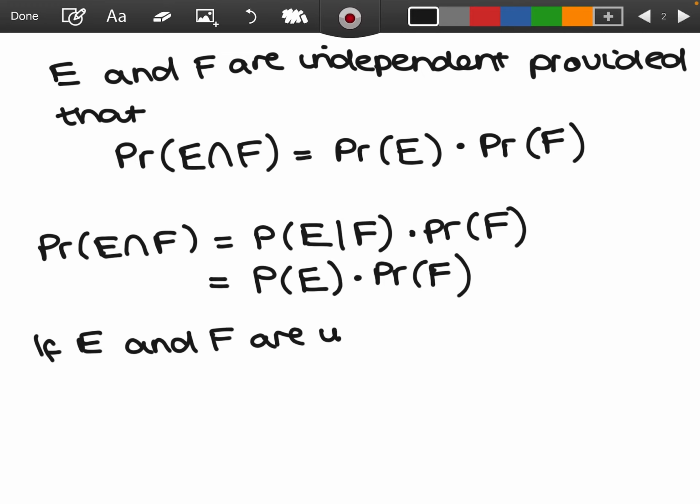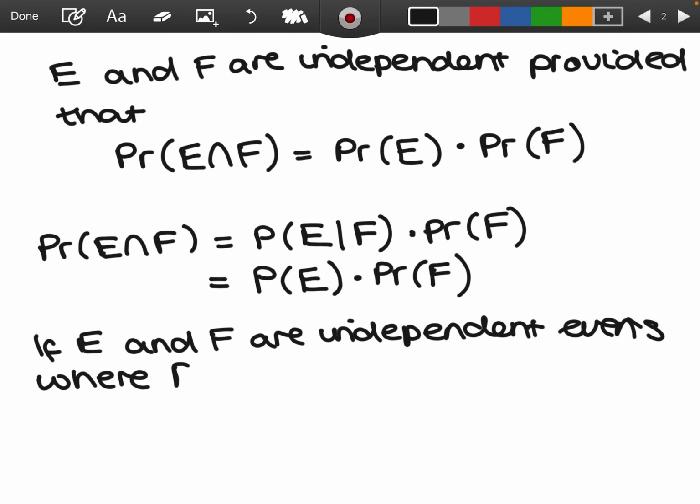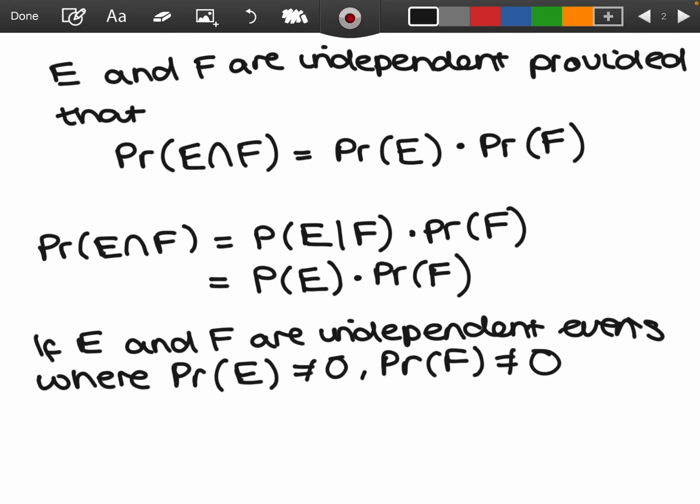So therefore, if E and F are independent events, and I'm also going to put the stipulation here where the probability of E doesn't equal 0 and the probability of F doesn't equal 0, just so that nothing here cancels out and equals 0. So both E and F can happen, okay?